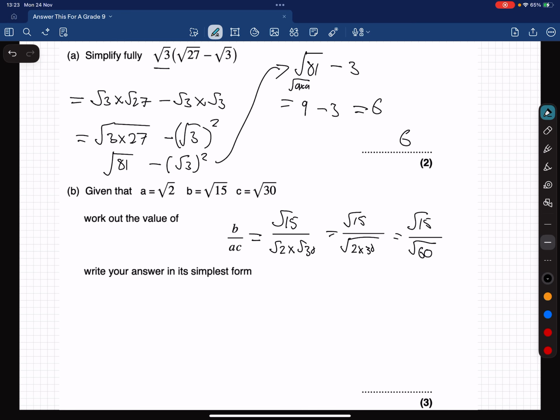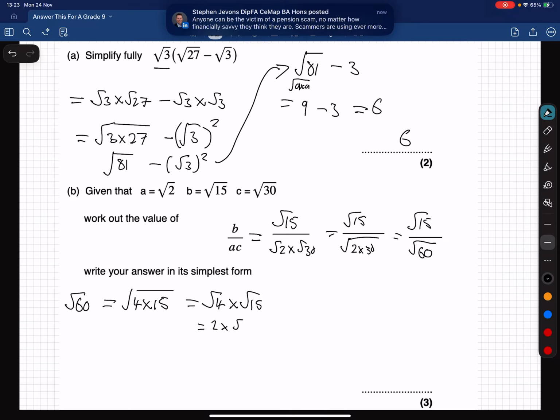So now we look at root 60, that is equal to the square root of 4 times 15, which is equal to the square root of 4 times the square root of 15. Square root of 4 is equal to 2. You can't simplify root 15, it's irrational. So 2 times root 15. So therefore, 2 root 15.